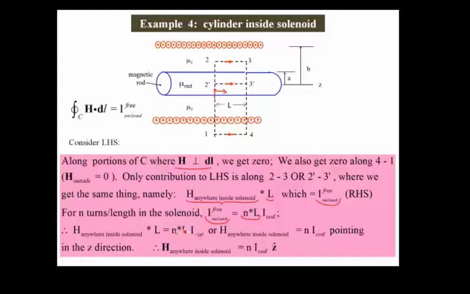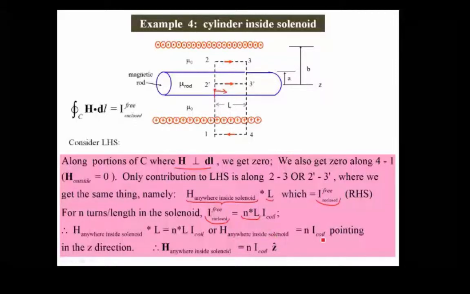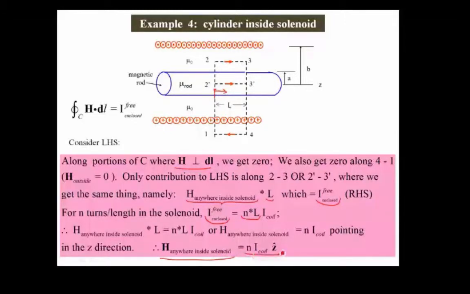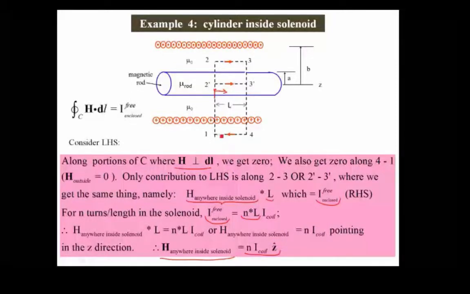Cancel the L's, and so we have H anywhere inside equaling N i coil. That points in the Z direction, and so anywhere inside the solenoid, H will be given by this quantity here. So we've determined H both in the air gap and in the rod, and they're equal to each other.